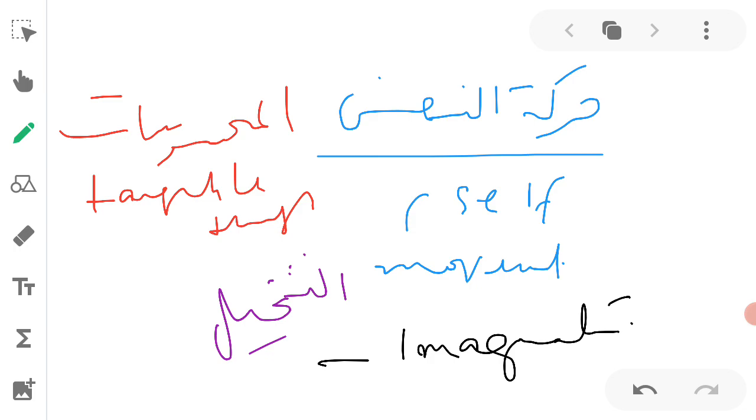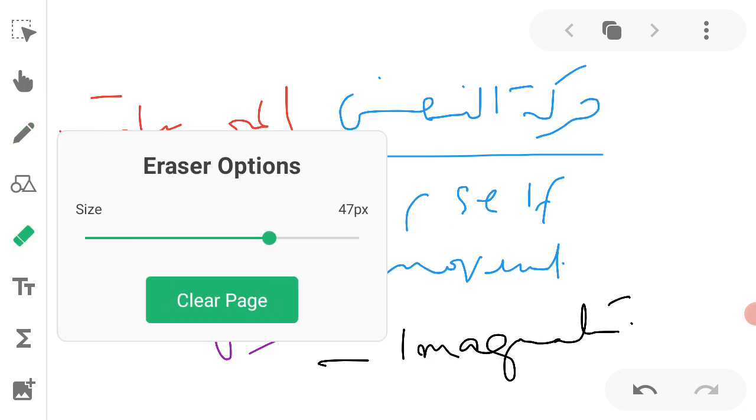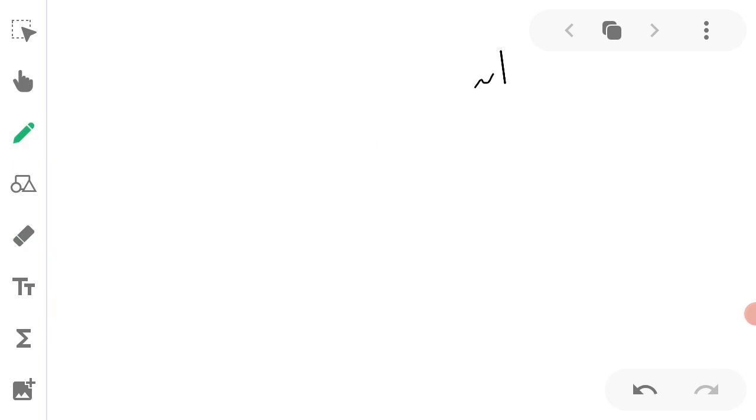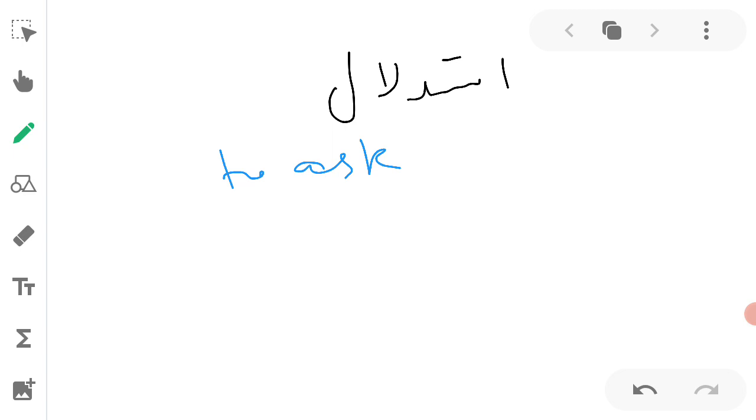So let's go back now. We know now what is nazar and what is thought. The other thing is istidlal. So what is istidlal? Istidlal in the Arabic language means to ask for evidence.